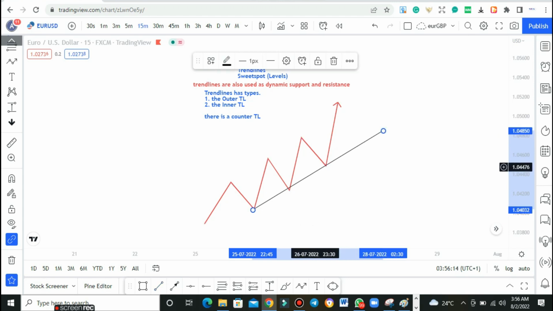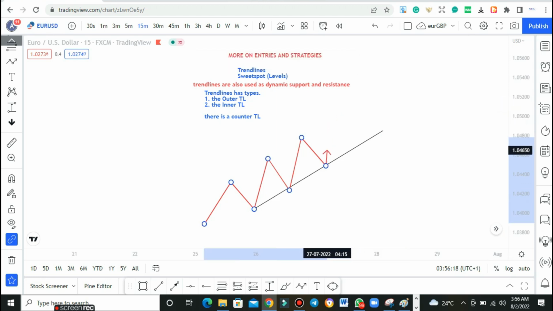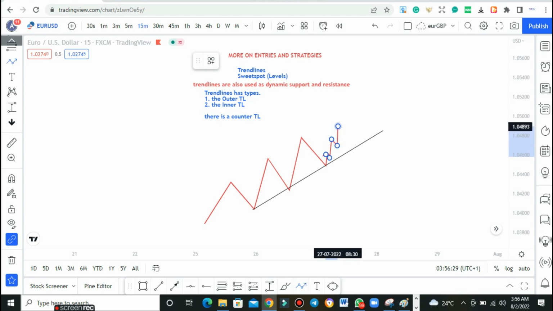Then inside, let me reduce this. So we are having something like this. Don't confuse this thing, or you'll see it in the chart. I'm just trying to show you how the chart works. Now, this black one is the outer trend line. Then let me draw an inner trend line. This is more like an inner trend line.